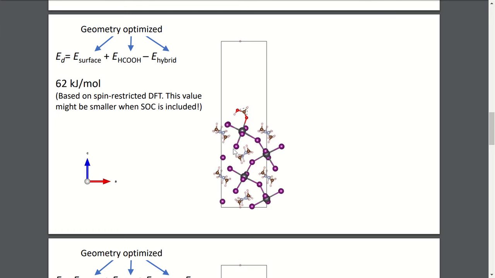I didn't try a lot of initial configurations, but I guess this one is quite stable because in addition to this bonding, we also have a hydrogen bond between this hydrogen and this iodine. And here is the binding energy. So that is a molecular adsorption.